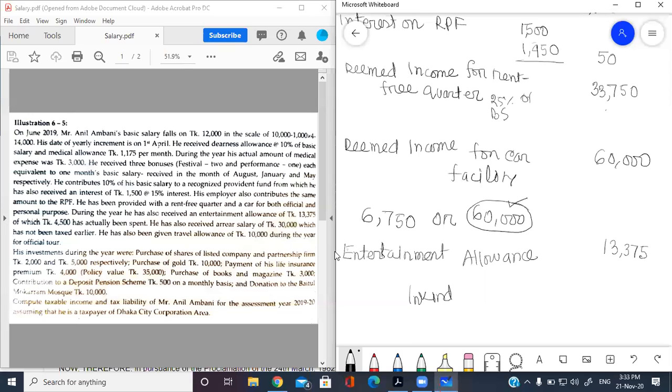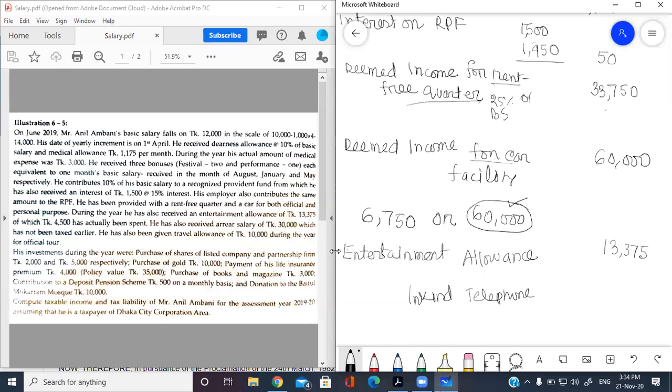Rather, the employee pushes his employer to give him a rent-free quarter, or to give him a car instead of the conveyance allowance, or instead of the telephone allowance, the total telephone bill will be borne by the employer, instead of giving you the cash allowance.